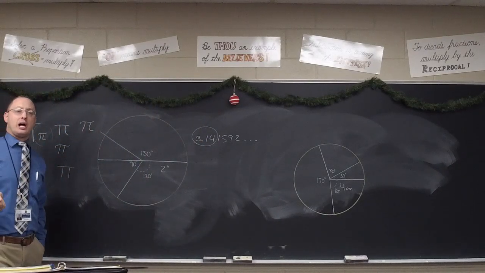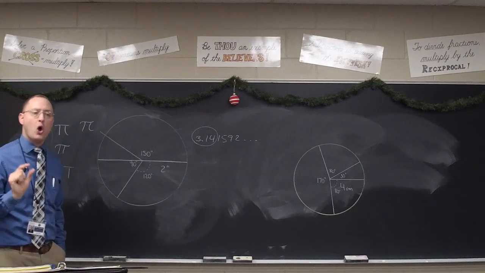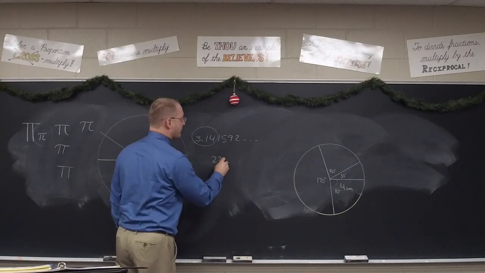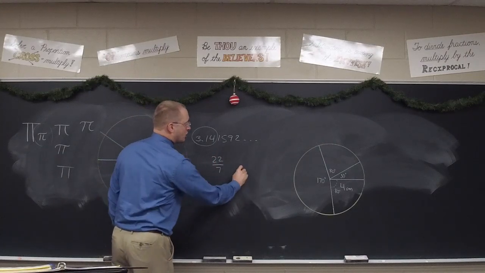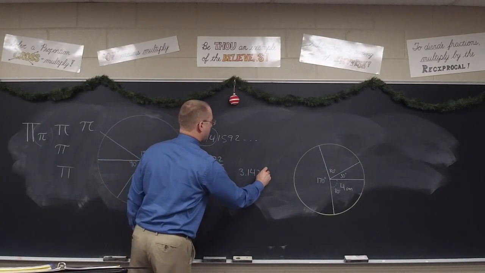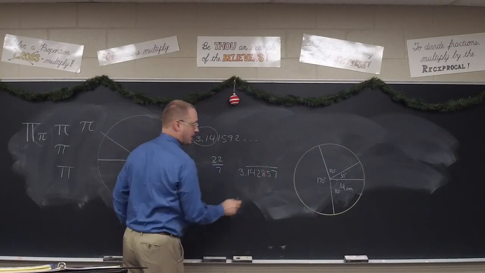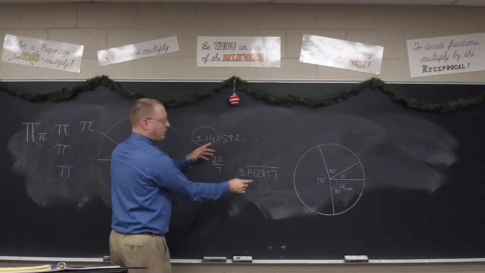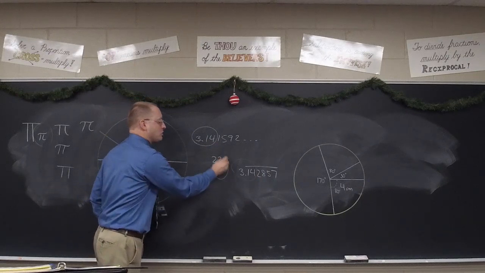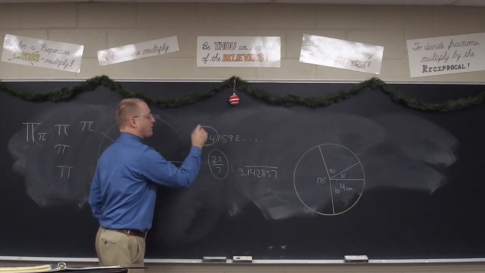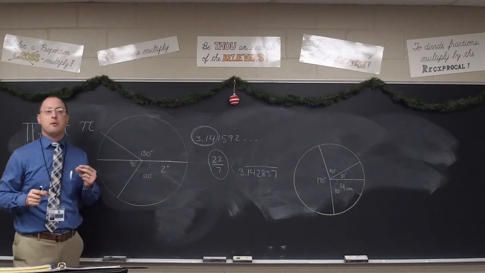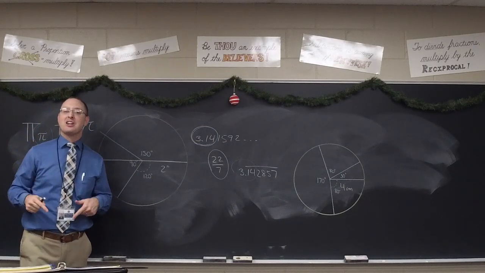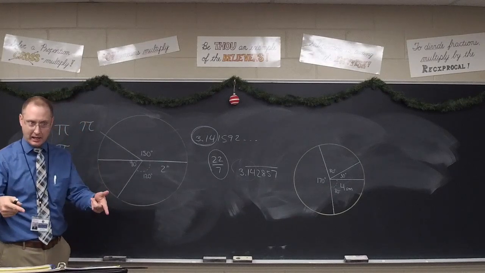If you were to try to make a fraction that's close to pi, it's not actually equal to pi, but close to pi, if you divide 22 by 7, you get 3.142857 repeating. Well, the first 3 digits are identical, and the 4th digit's really close. 22 sevenths and 3.14 are the approximations. Let me say it again. The approximations we use for pi.